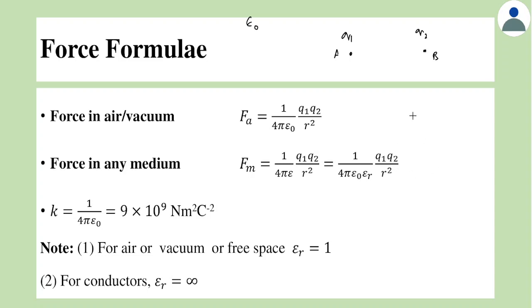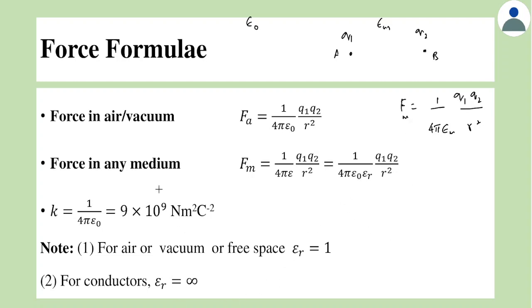So if we put the objects in a medium whose permittivity is given as epsilon m, the force between them is equal to 1 by 4 pi epsilon m into the product of the charge magnitudes by r square. I'll put suffix m here, which means it is the force in the medium.